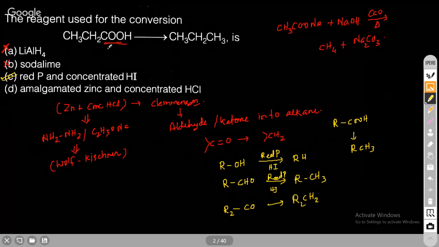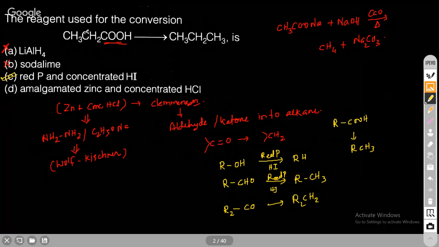If you have revised this chapter, preparation of alkane, the topic will be like this: the preparation of alkane from the reduction of compounds containing oxygen as a functional group. There we have some other reagent also in HVG. You must revise that. We don't have only red phosphorus and HI present.